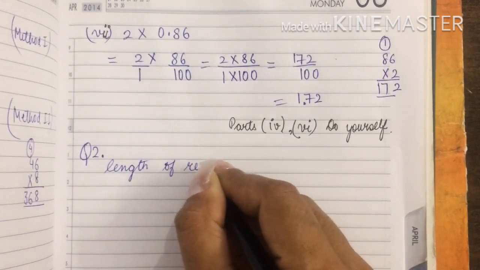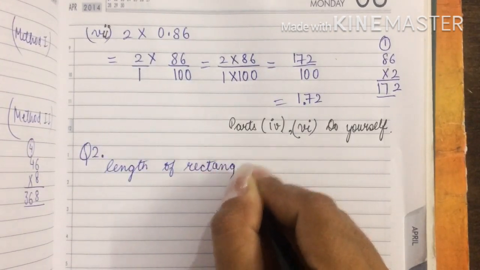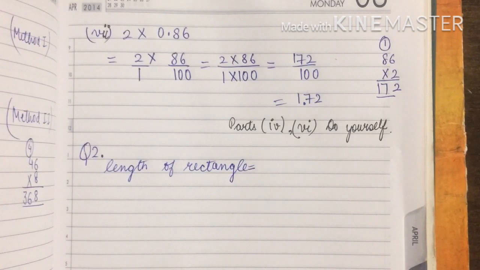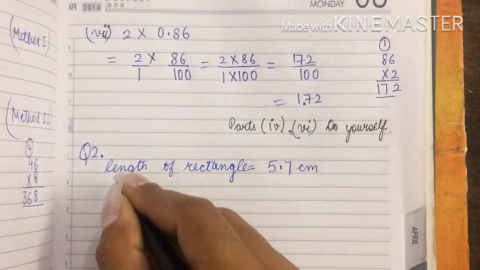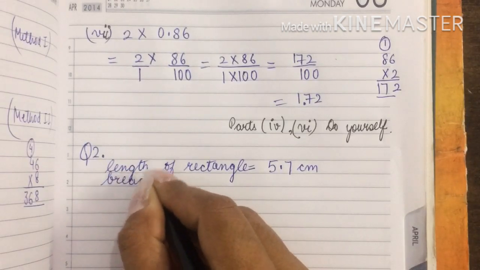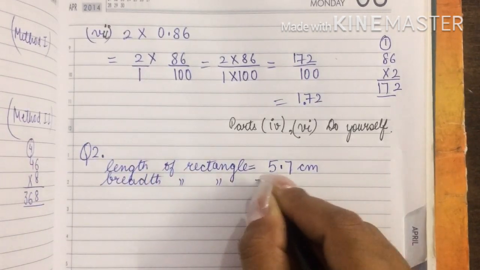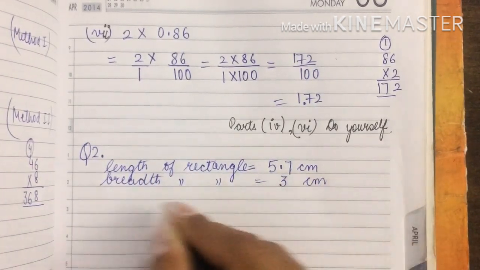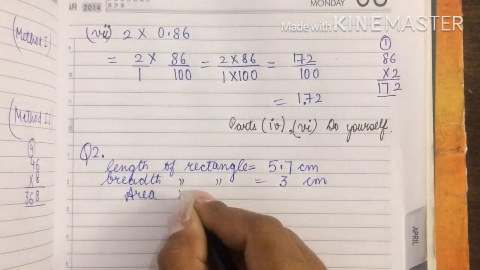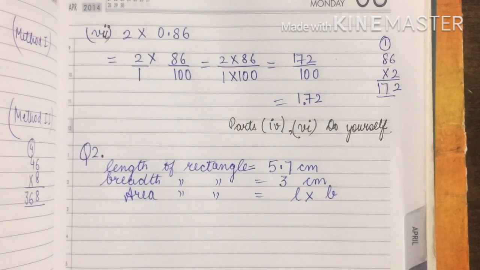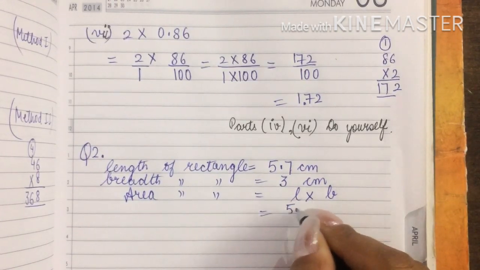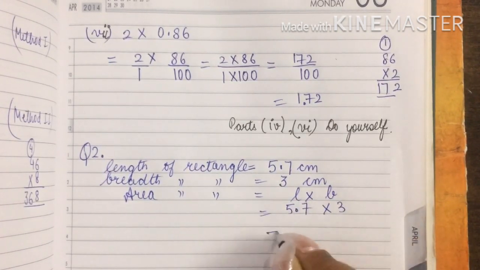So length of rectangle, this is 5.7 centimeters. Breadth of rectangle, this is 3 centimeters. Area of rectangle is given by L multiplied by B. So 5.7 multiplied by 3.